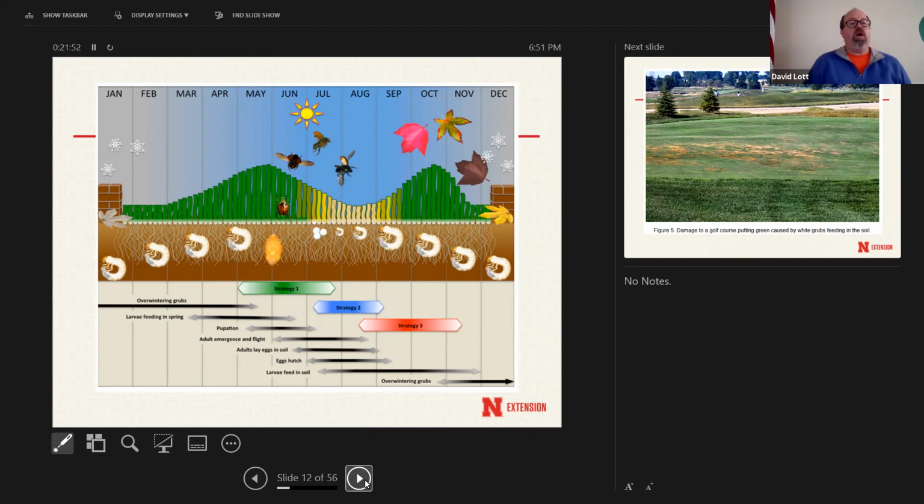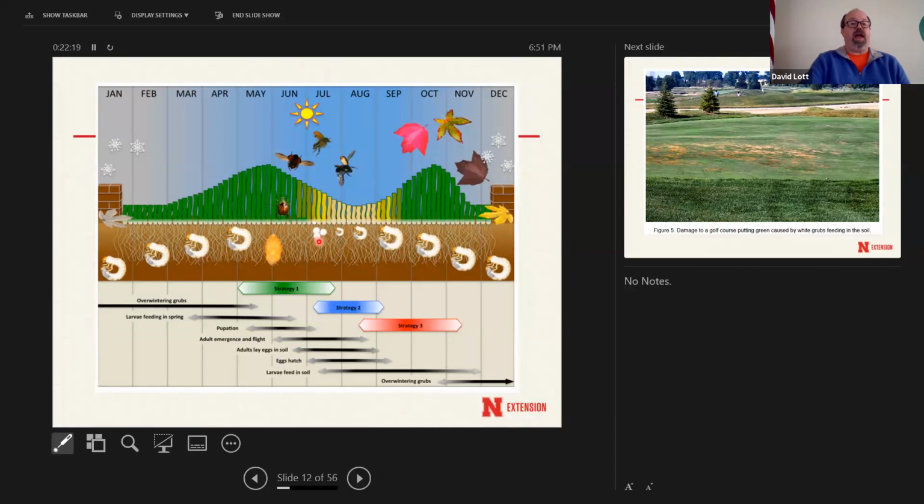And as they grow through those instars, as the soil warms up, they're going to get closer to that soil level. And that's when they're going to start chewing off the roots of the grass, and the grass is going to start dying in patches. Then they go through that final grub stage, go through metamorphosis, and emerge as an adult.